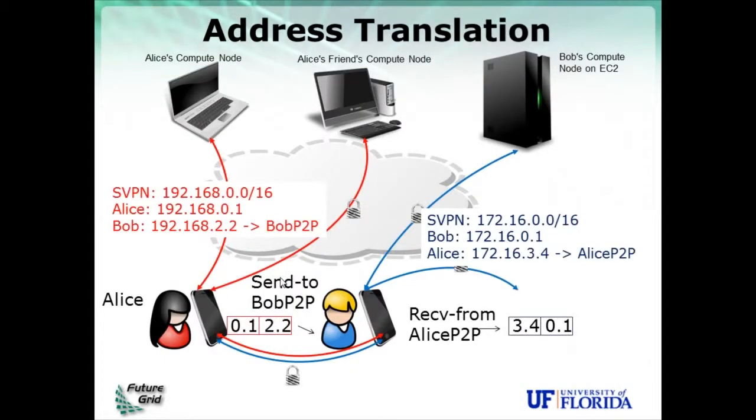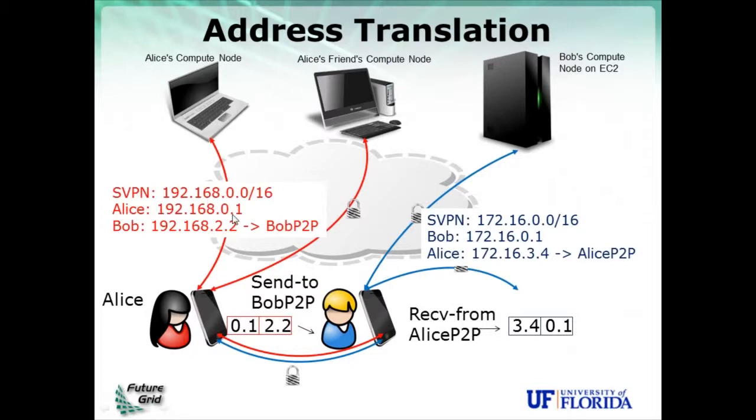Let's say Alice has created a local virtual private network in the address space shown here, 192.168.0.0 with a net mask of 16 bits. So that's an address that Alice has for herself, for her SocialVPN, that does not collide with her local address, for example. And she assigns herself an IP address. The SocialVPN software assigns itself an IP address for Alice, in this example 192.168.0.1.